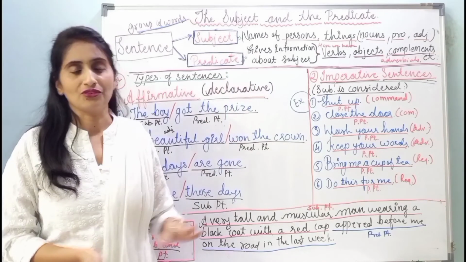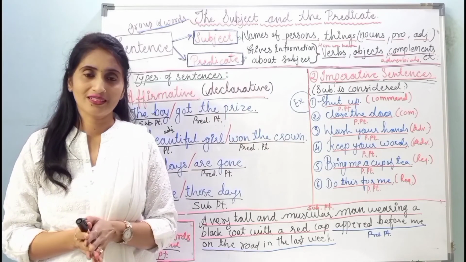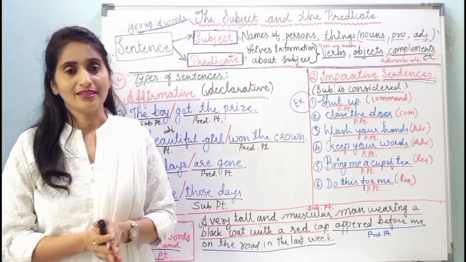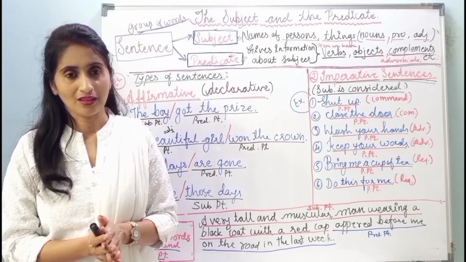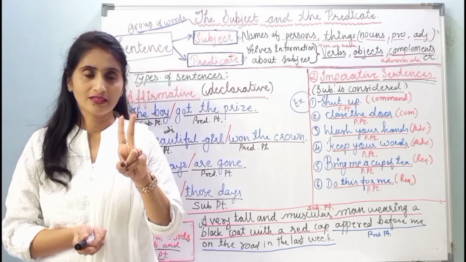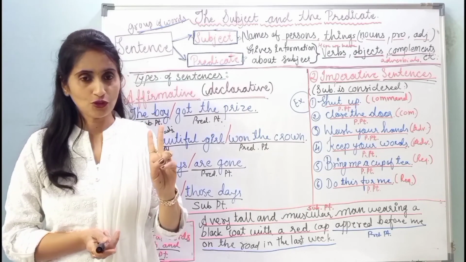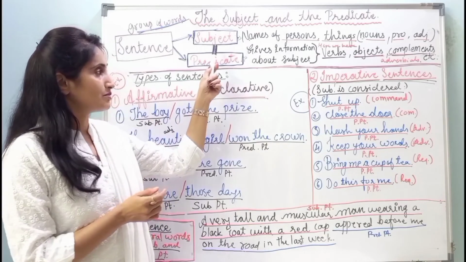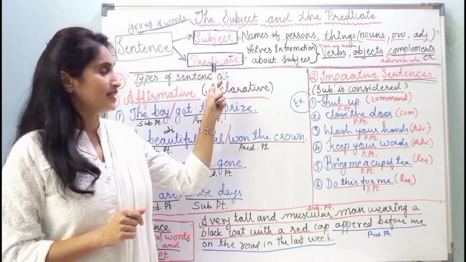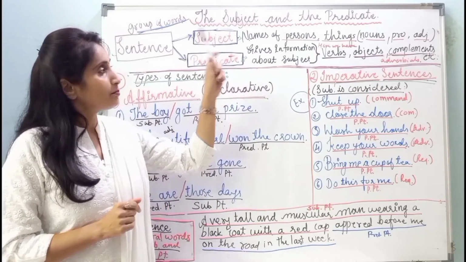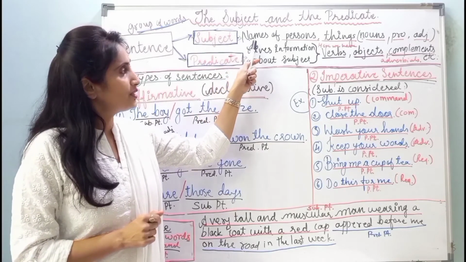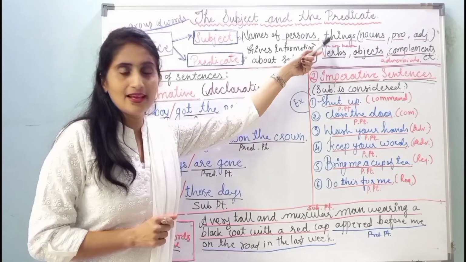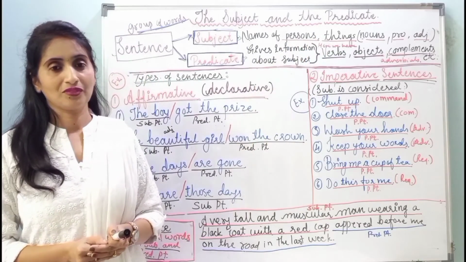Before we begin the chapter, let's clear some things. You know that a sentence is a group of words with some meaning. It has two parts. Each sentence has two parts. Number one, the subject part, and number two, the predicate part. The part of the sentence that tells us about the names of persons and things is called the subject part.